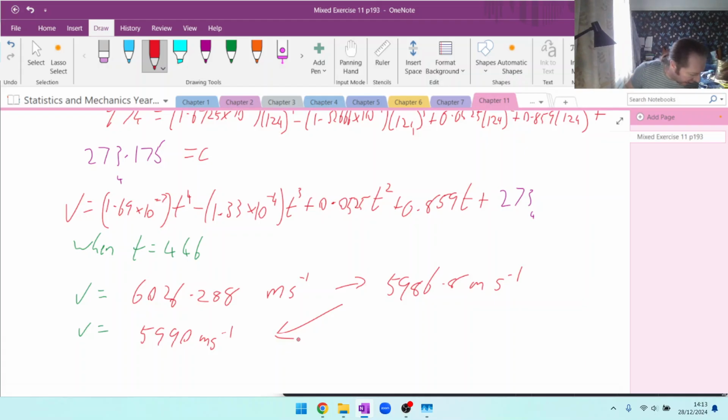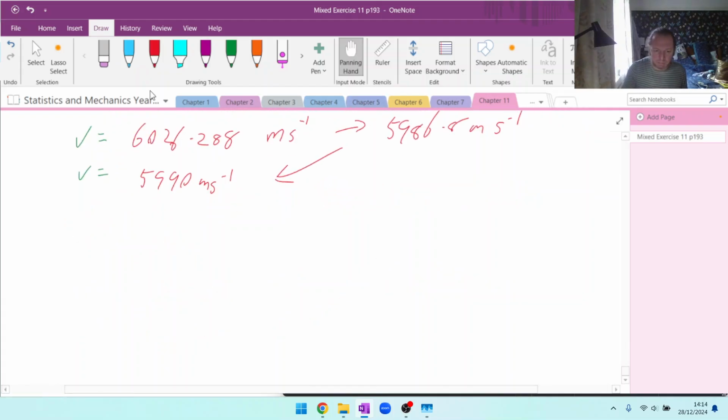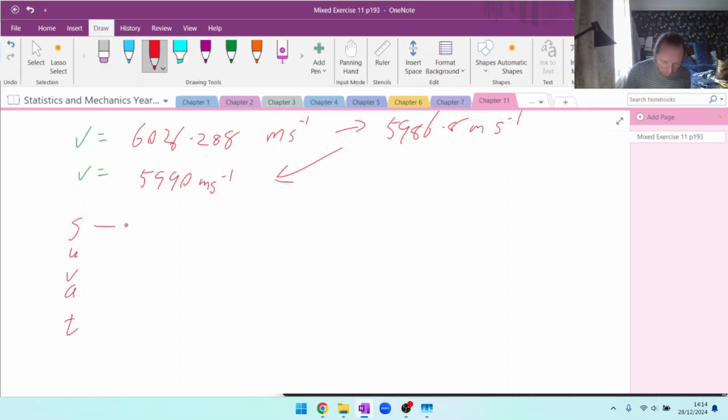Right then, hence from t equals, the space shuttle maintains a constant acceleration until it reaches its escape velocity. It then cuts the main engines. Calculate the time at which the space shuttle cuts its main engines. So that sounds like a SUVAT problem. So let's have a quick look at what we've got. SUVAT, because it's constant acceleration, we don't know that. The initial speed was 5,990.